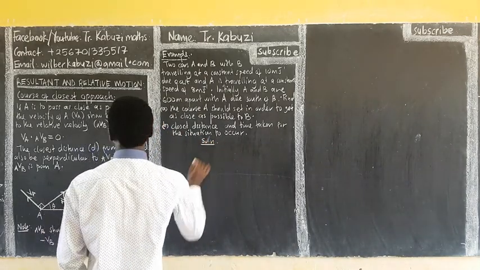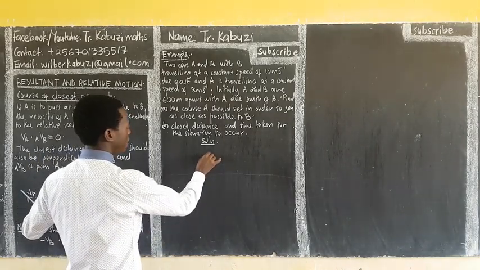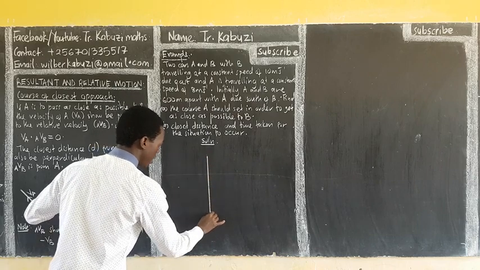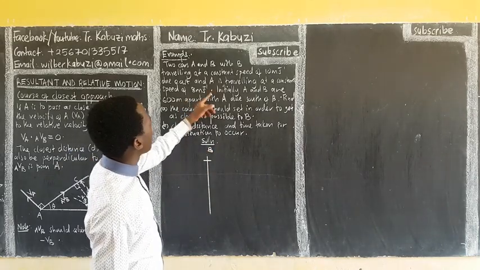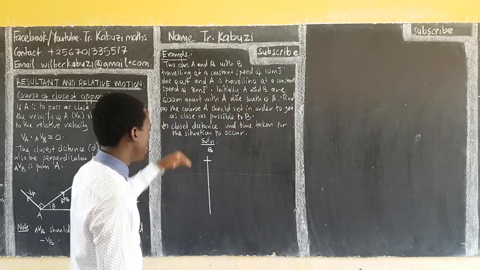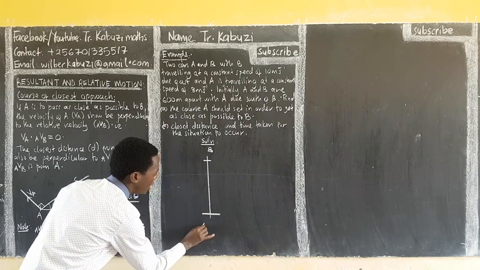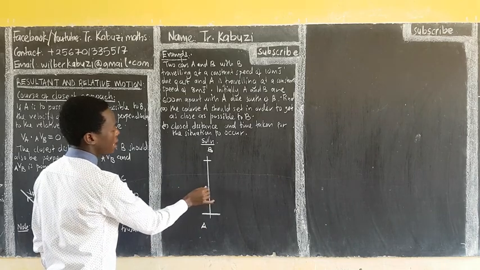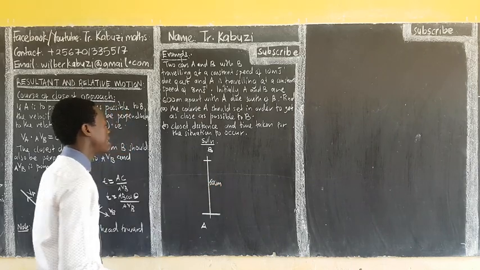If we have a sketch, and this is our B, they are telling us that A is due south of B. So when we stop there, it shall be our point A. The distance between them is 600 meters.